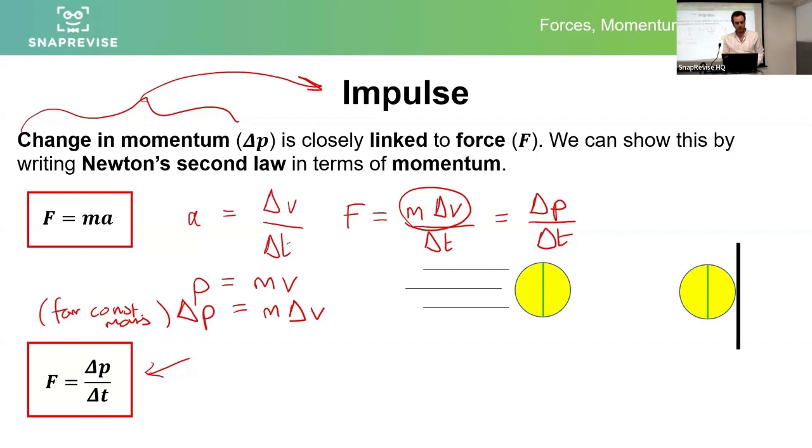And when you get to, if anyone chooses to do physics at uni, you'll explore the case when mass isn't constant, as is the case for rockets. Rockets, their mass is changing all the time because they are shedding so much fuel. They're burning it up and ejecting it out their back.